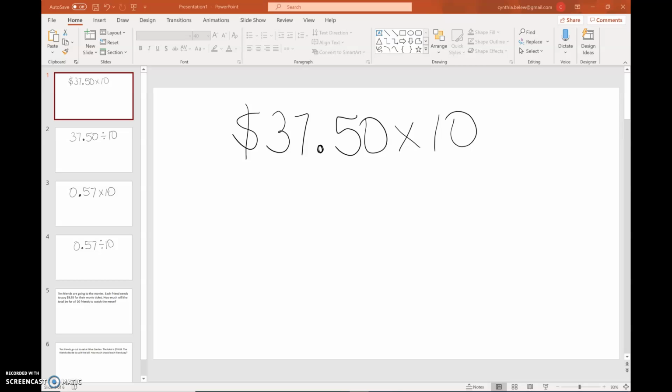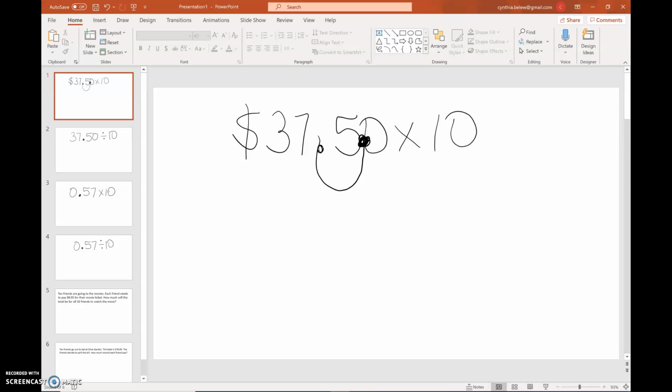So I know that when I multiply, the number gets larger. And that when I multiply by 10, that just means I'm moving over a place value. So in the example, $37.50 times 10, all I'm really doing is the decimal is going over one spot.